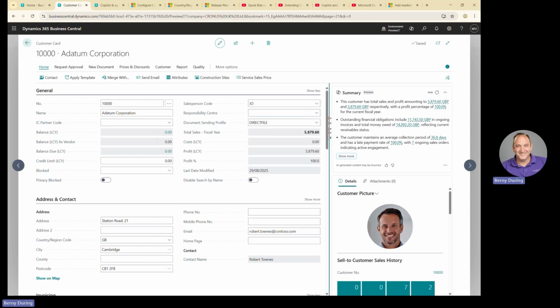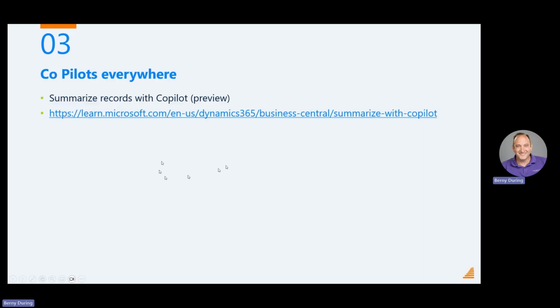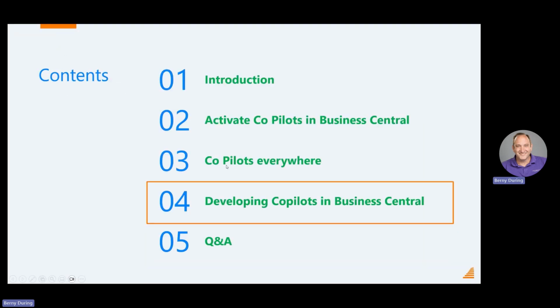So it'll use that role center to give details about what this summary is going to return to us. It gives us an AI summary over here, summarizes some information, highlights some interesting information about the customer, etc. And we can learn just a little bit about the customer in that summary.